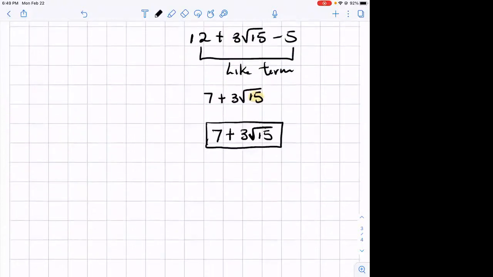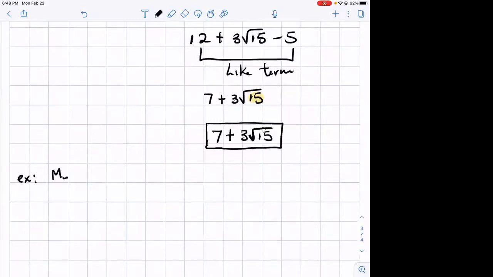We can look at another example of multiplying two binomials. Let's multiply root 3 plus root 2 times 3 root 3 minus root 2.